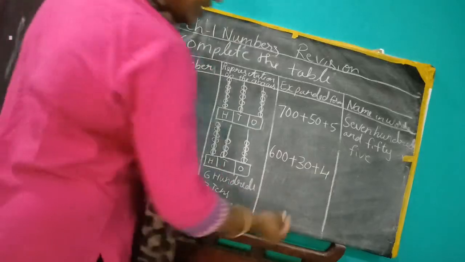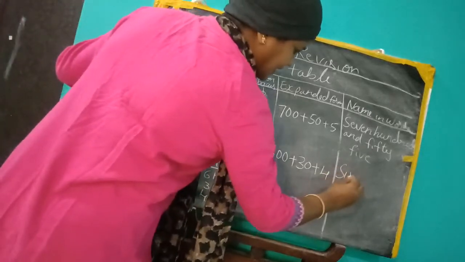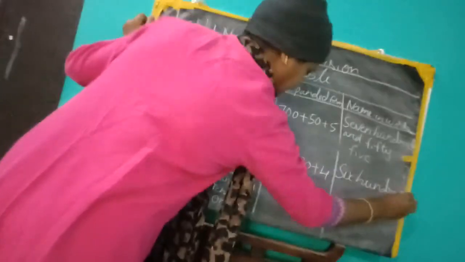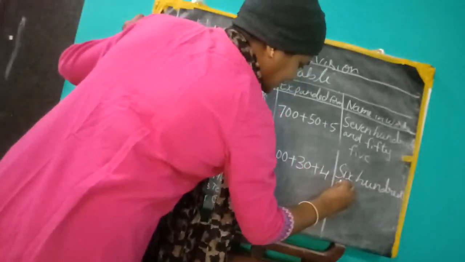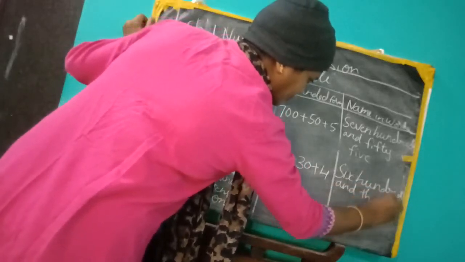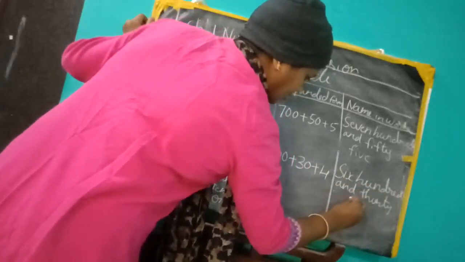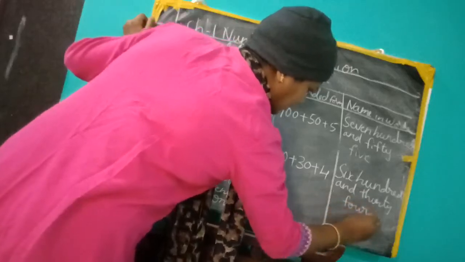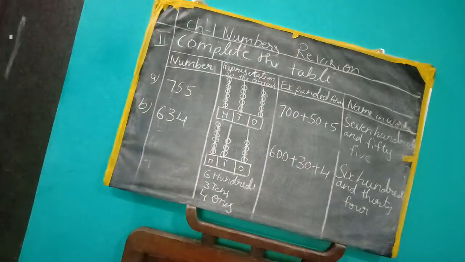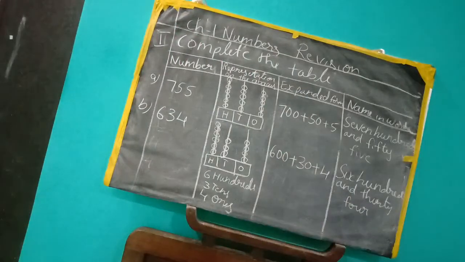What is that number name? 600 and 34. 634. Write in the classwork. Write properly in the classwork.